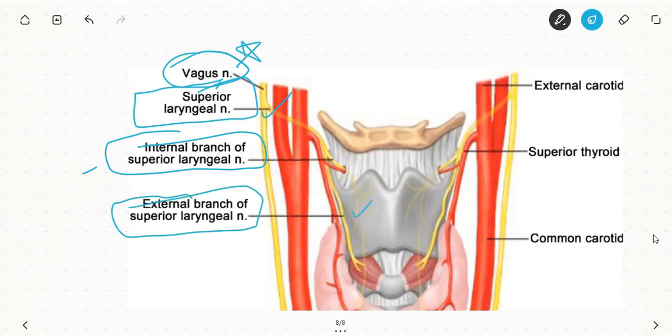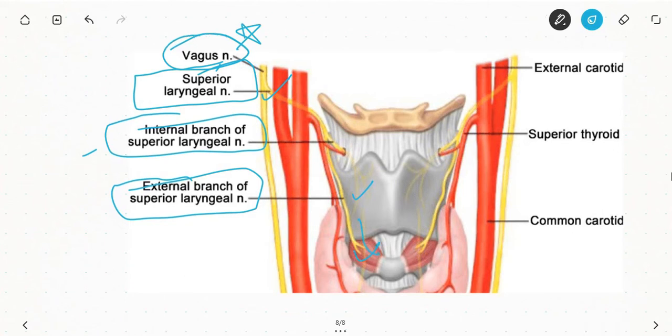The smaller one is the external laryngeal nerve that runs close to the superior thyroid vessels and supplies the cricothyroid. So this nerve is away from the vessels near the upper pole. Hence, during thyroidectomy, the upper pedicle should be ligated as close to the thyroid as possible.